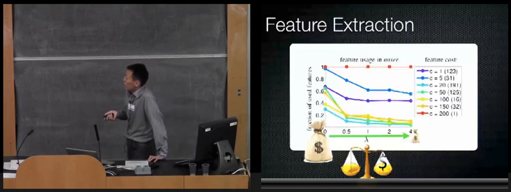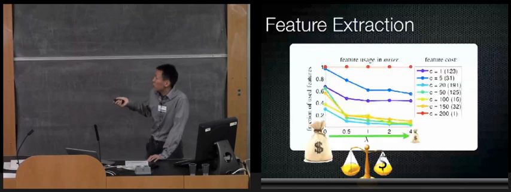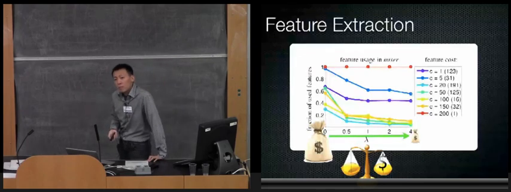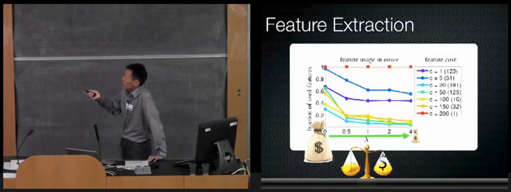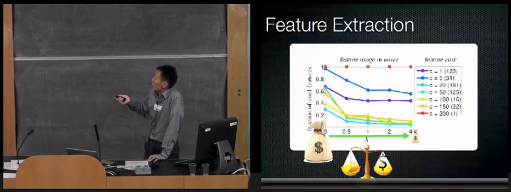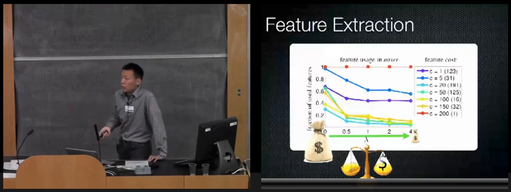So in general, when we lower the budget, the Greedy Miser uses fewer features. But you can see for cheap features like this one, which is feature cost 1, the Greedy Miser uses pretty much the same amount of features in all budget settings. Whereas for the more expensive features, the Greedy Miser dramatically decreases the usage as we lower the budget.